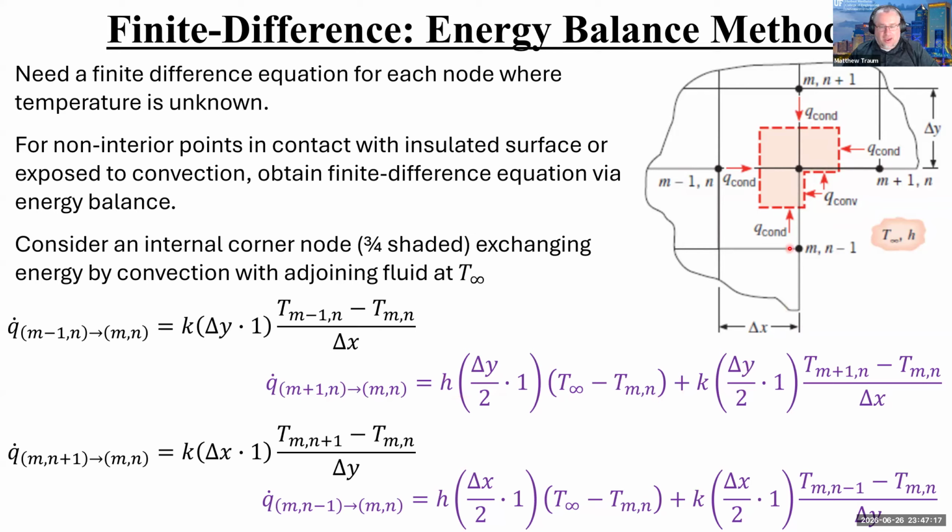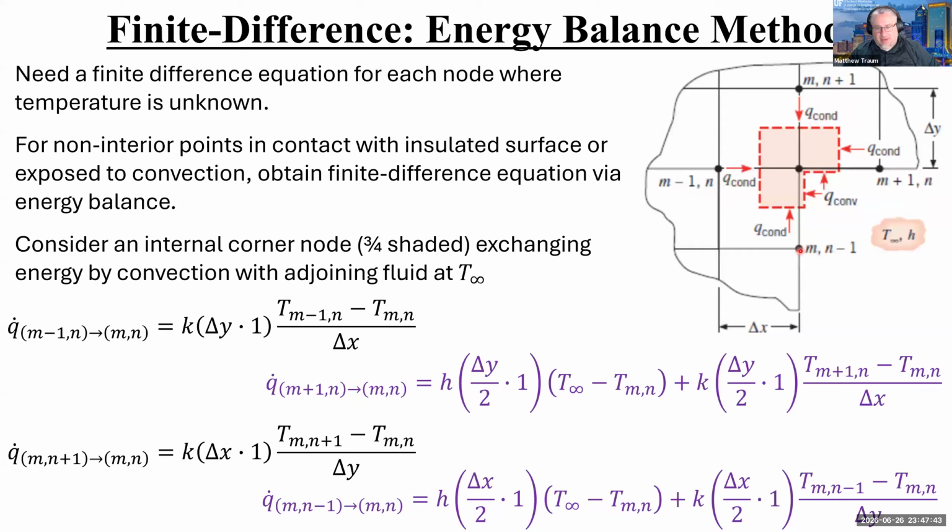So here's that expression. Let's just look at what's going on across this corner. I have half of that corner experiencing conduction, and then I have the other half of that corner experiencing convection. So here's the node right here, mn minus 1 to mn.